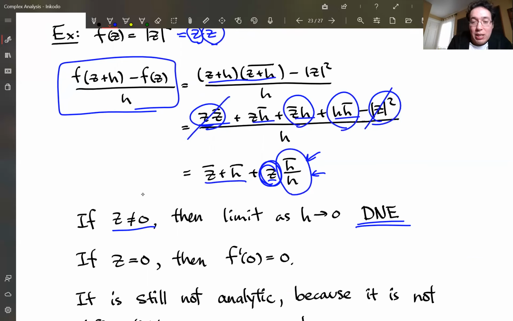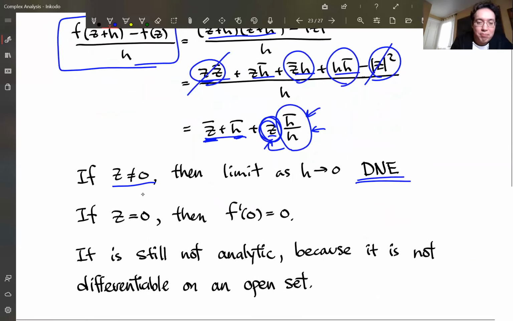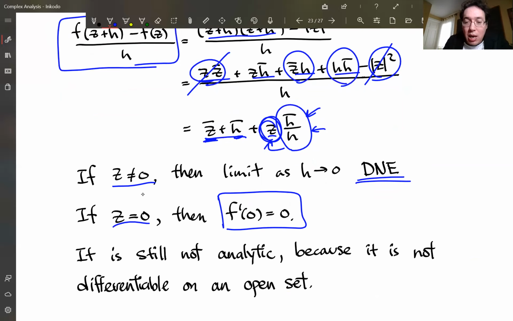But if z is equal to 0, then the problem part just disappears from the difference quotient. If z is 0, the z bar is also 0, and h bar approaches 0. So the derivative would be 0 at 0.